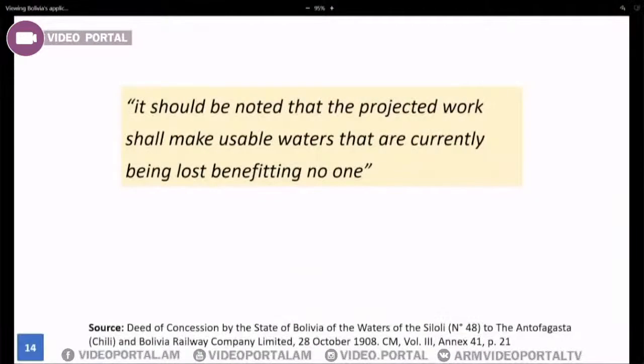Now, this understanding is bolstered by Mr. Calderon's additional assertion in the application for the 1908 concession agreement, where he stated that, quote, "it should be noted that the projected work shall make usable waters that are currently being lost, benefiting no one," unquote. Consider this language.